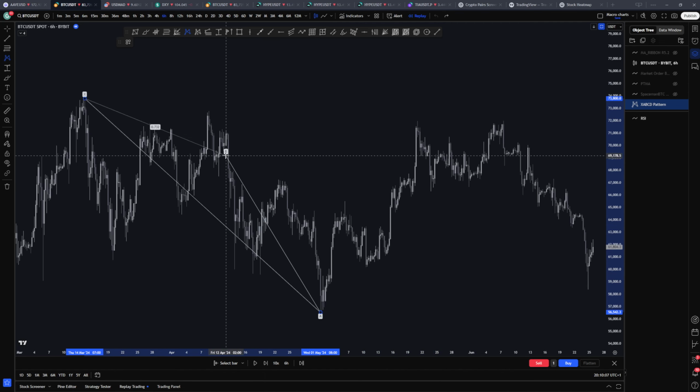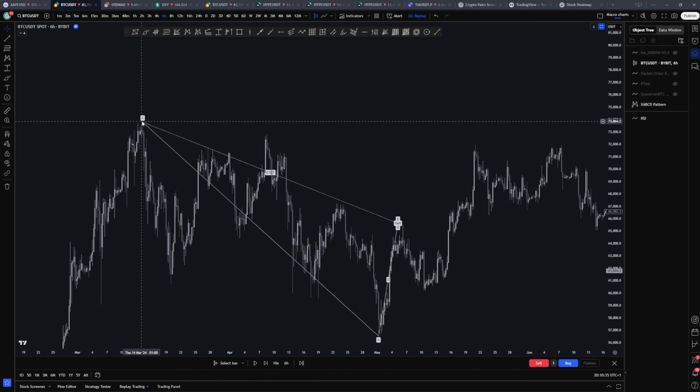But there's a few things to know. When you draw your points in your M or your W shape, I'm going over bearish harmonic now. For the bullish ones, it is the exact opposite. When you draw these points, X has to be a very important swing high. And it has to be the highest point until you get to A. So what I mean by that is, let's place these here.